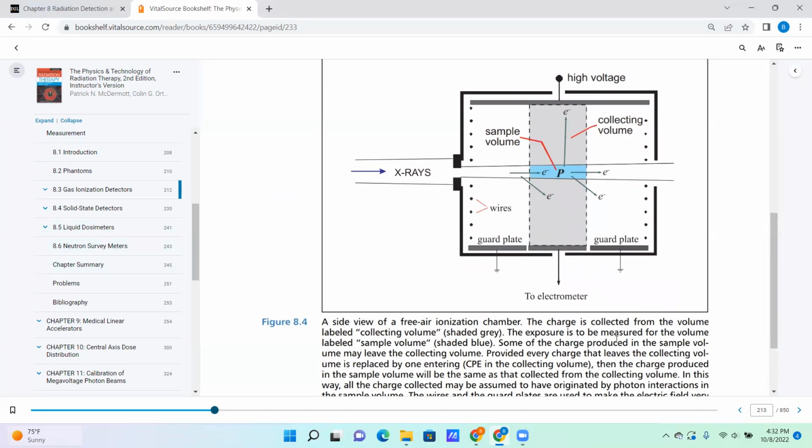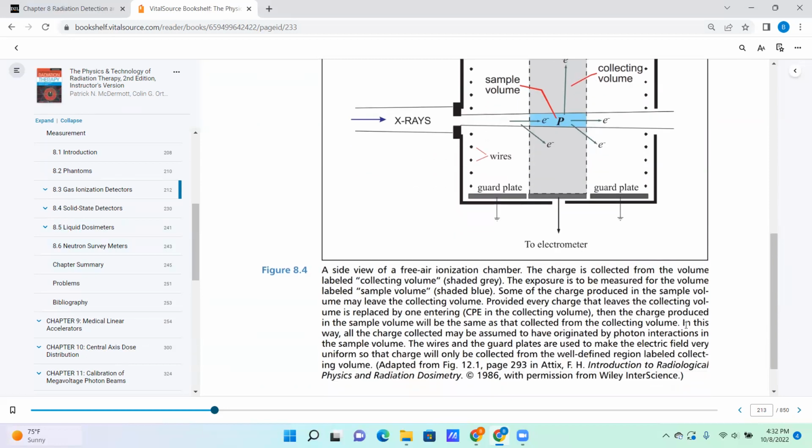Some of the charge produced in the sample volume may leave it, provided every charge that leaves the collecting volume is replaced by one entering, so that gives you CPE. Then the charge produced in the sample volume will be the same as that collected from the collecting volume.